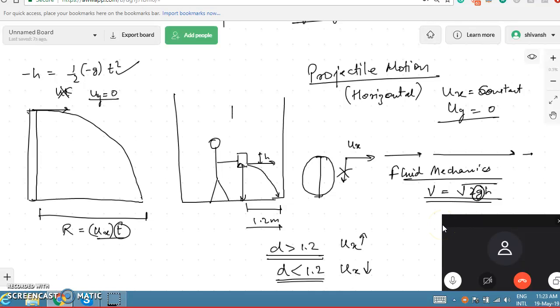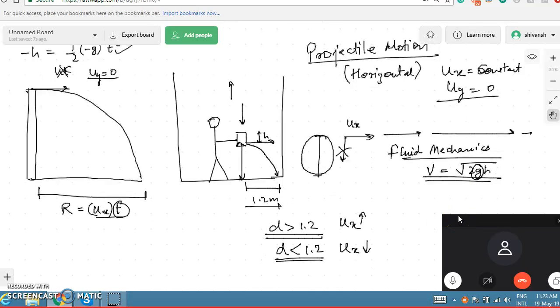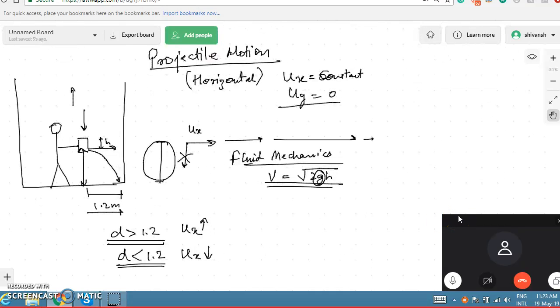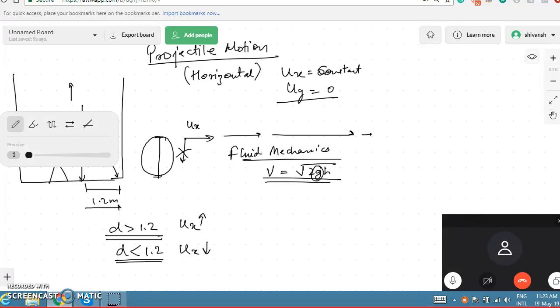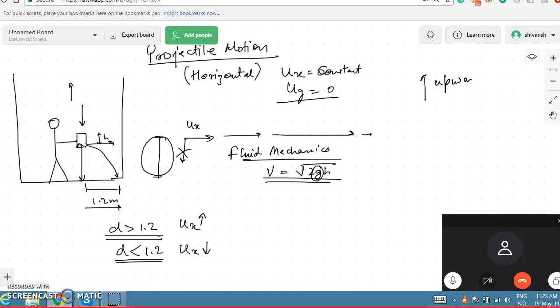Once you start moving upwards, what happens? A pseudo force starts acting on you downwards. So if you are moving upwards, upward motion implies a downward pseudo force.